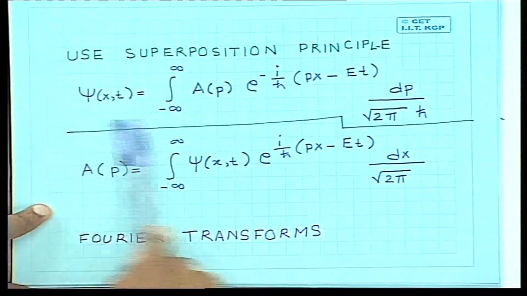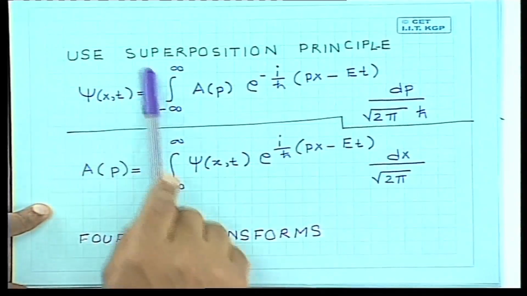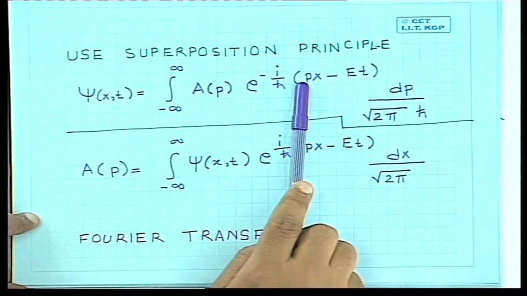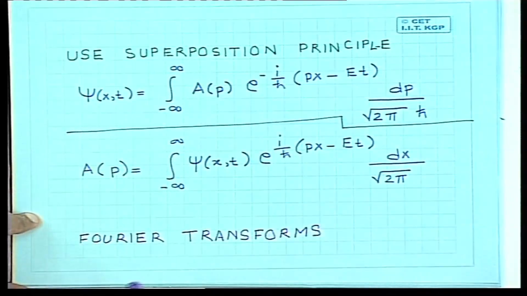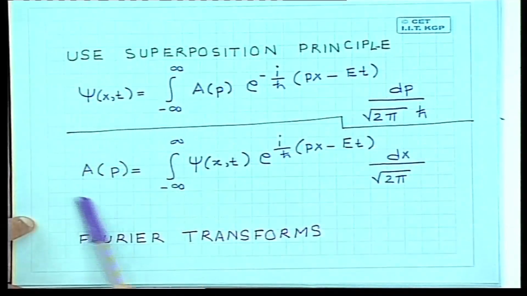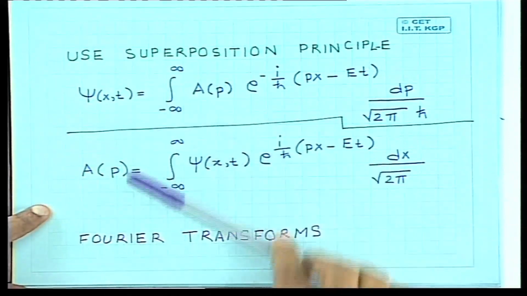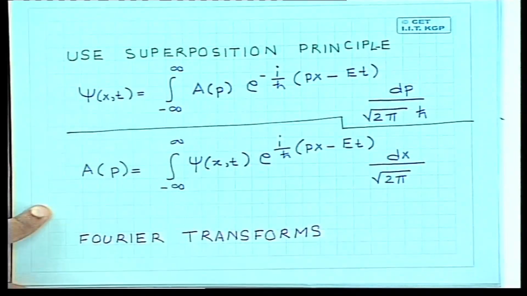Now, this relation between the wave function and these coefficients A of p can be inverted. This relation is nothing but the Fourier transform relation. So A of p and psi of x,t are just the Fourier transform of each other.